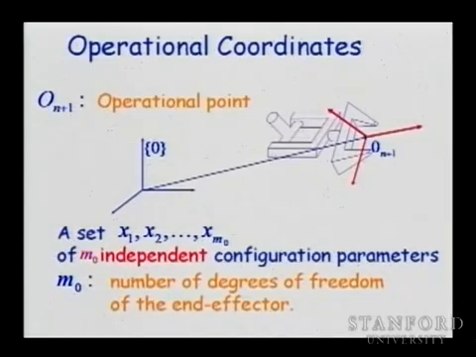Now, if we go to the plane, if we have a robot that is moving just in the plane, how many degrees of freedom do you expect to see for the end effector? My planar robot is moving only in the plane. It cannot go out of this plane. For the position, how many do we need in the plane? 2, x and y.